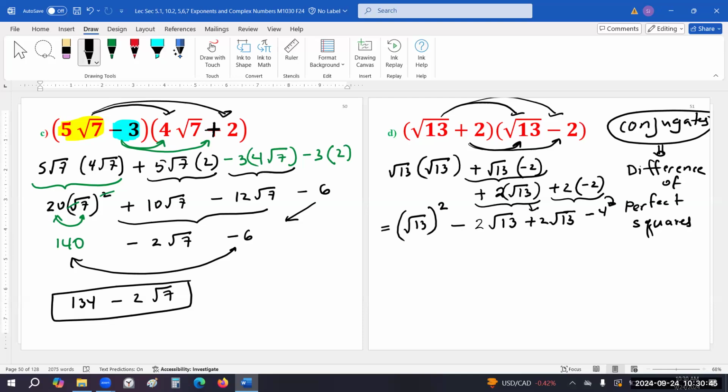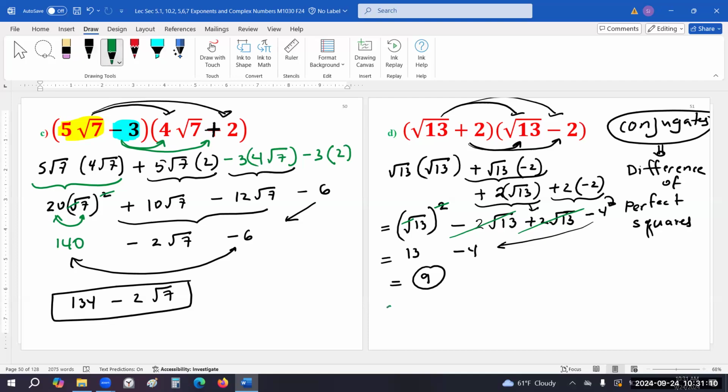And then the square root of 13 to the power 2 gives us 13. And what is 13 minus 4? 9.